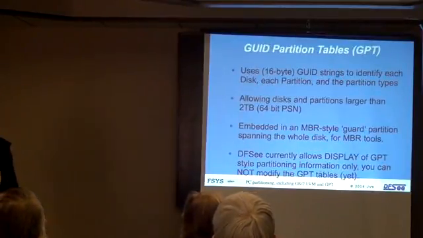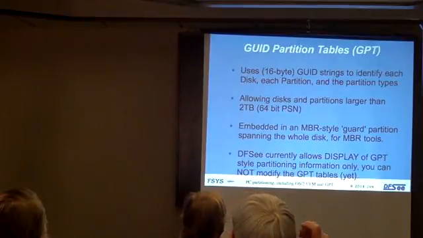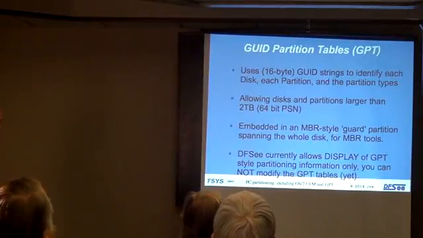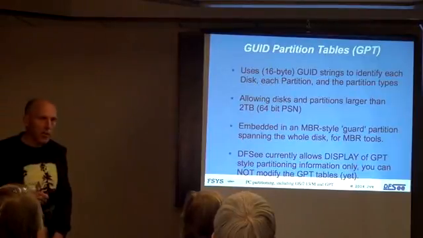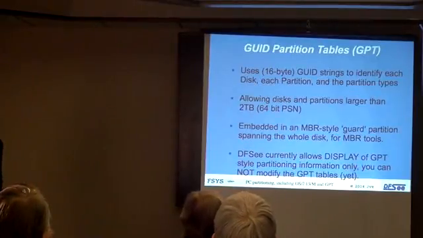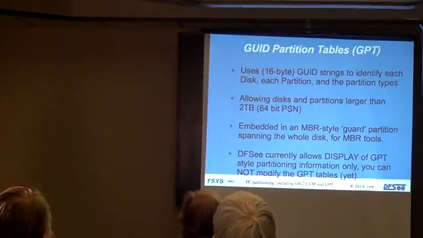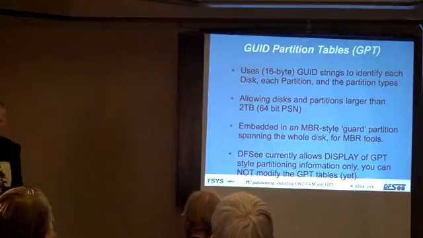Okay, let's move on to the GPT GUID partition tables. GUID is a unique identification, which is a long string, actually just numbers. It's used in lots of places in all sorts of software. And here it's used for two things. One is to uniquely identify each partition, so those are created on the fly when you create partitions.